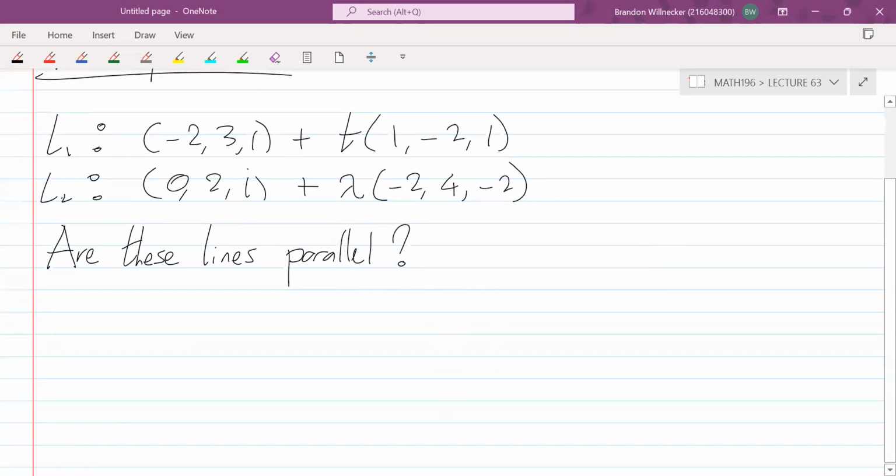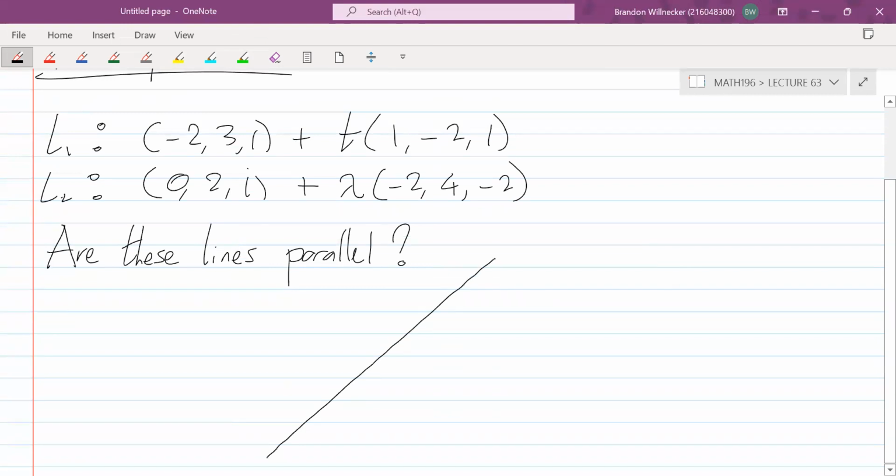So let's say we've got L1, maybe it's doing something like that, and L2, if it's parallel, it should be something like this. So it runs next to the line. So we've got L1 and we've got L2. How are these going to be parallel?